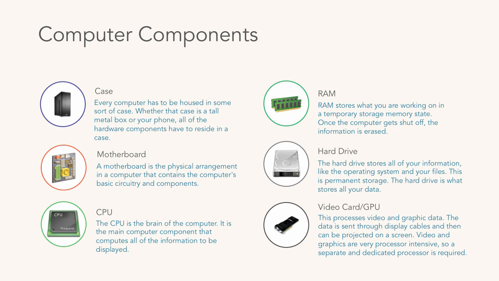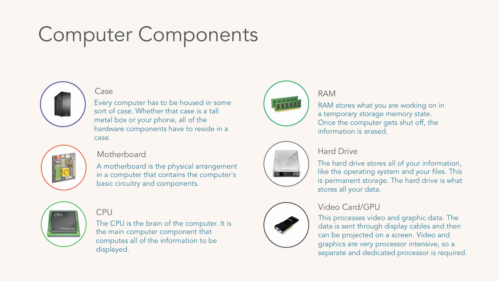Next, we got the video card. I could talk hours about the video card. Video cards have come so far in the last 4 or 5 years, and the primary reason for that is video games. Video and media are very processor intensive. So they need lots and lots of processing. They also need lots and lots of random access memory to deal with all those heavy graphics.